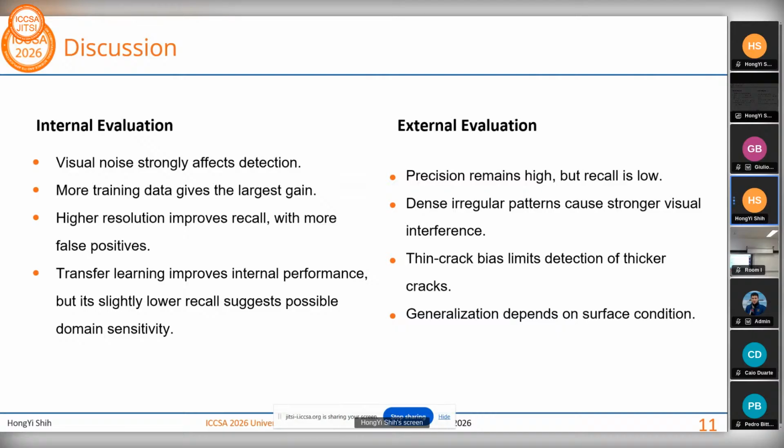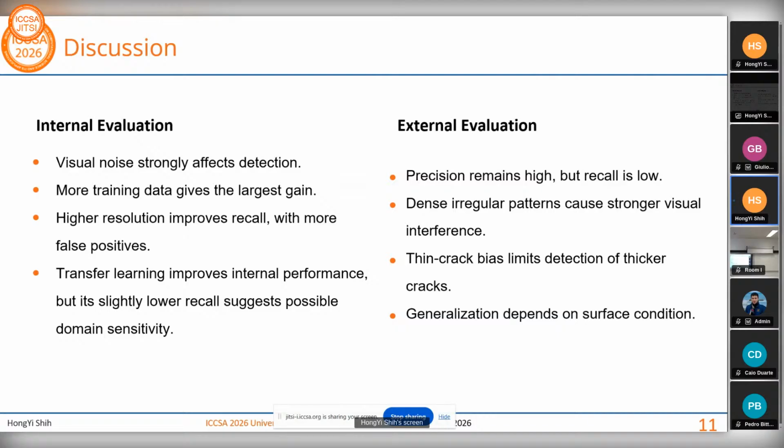And visual enhancement introduced trade-offs. For example, contrast enhancement and higher resolution enhanced the crack visibility, but at the same time, they amplified the background patterns, so creating stronger visual interference to the model. And the transfer learning model showed the best performance in the internal evaluation.